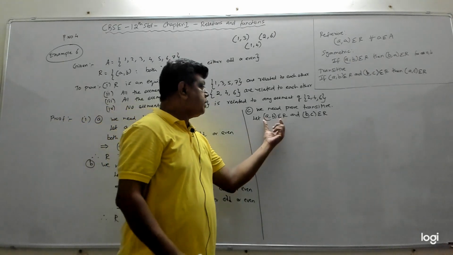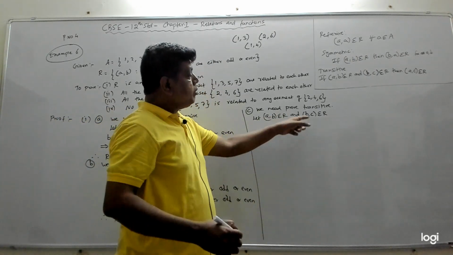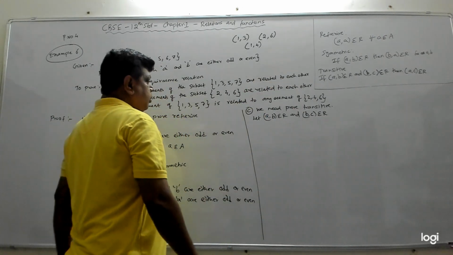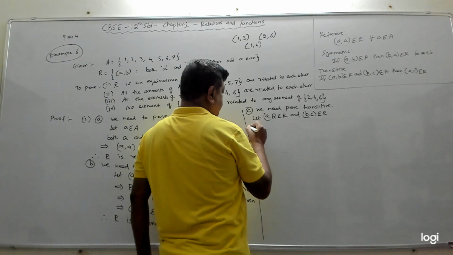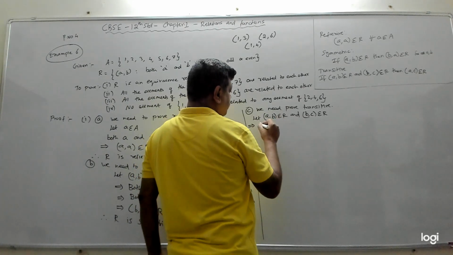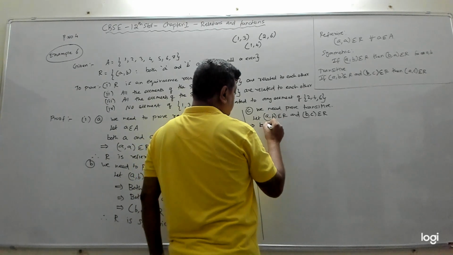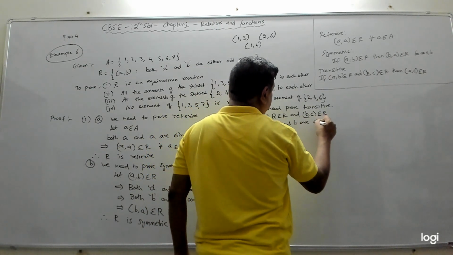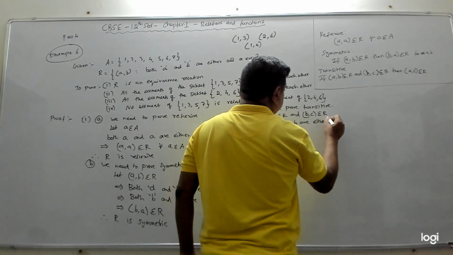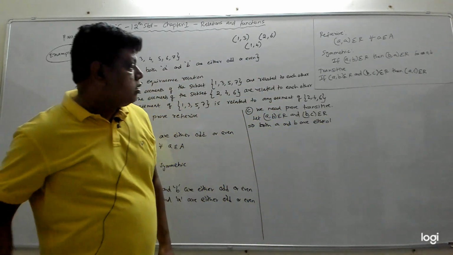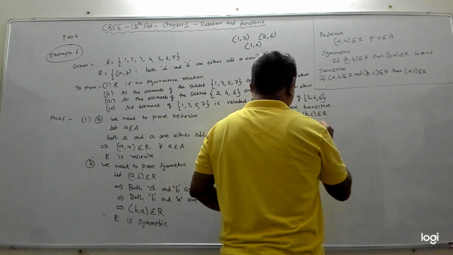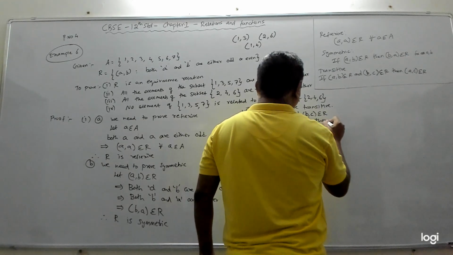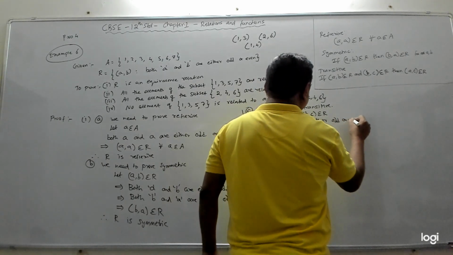We are taking two elements, A comma B from R and B comma C from R. Now we should prove that A comma C belongs to R. Now here, A comma B belongs to R means both A and B are either odd or even.